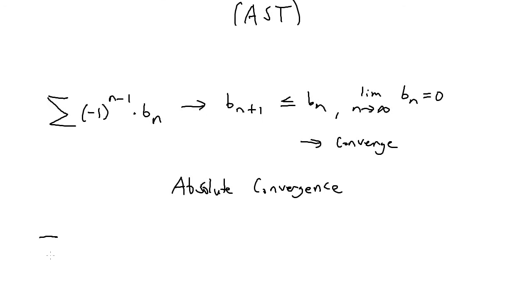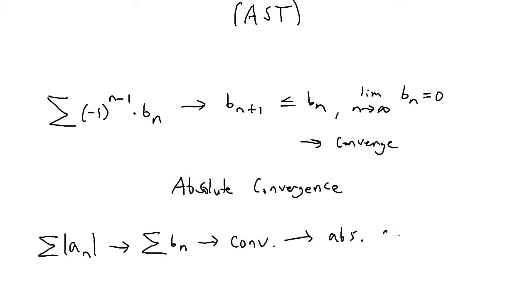So in this case, we'll take the series of the absolute value of a sub n, and what that basically means is we take the series of b sub n. So we're basically going to remove the alternator and just take the series of b sub n. And if the series of b sub n converges, then we know the series is absolutely convergent.